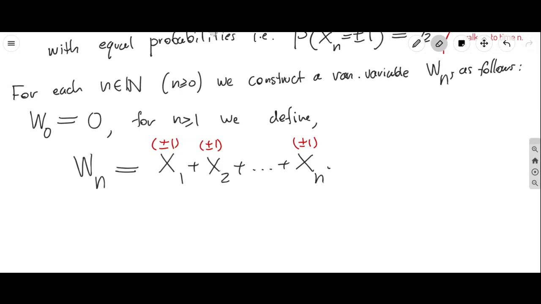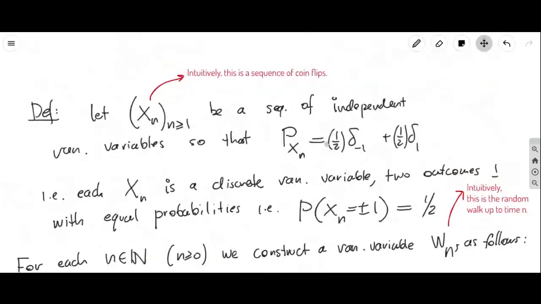Now, there is a theoretical question that we're going to address later on. We're not going to talk about it for the moment because it's going to interrupt the flow of the class. The issue is the following. How do you know that such a sequence of independent random variables even exists in the first place? In the definition, we're just proposing that we have such a sequence of independent random variables.